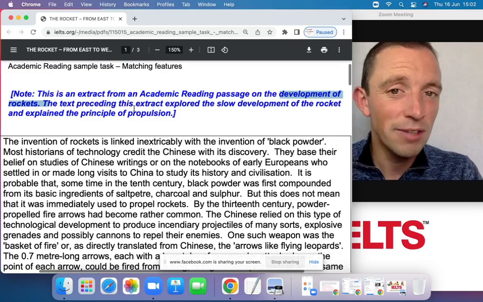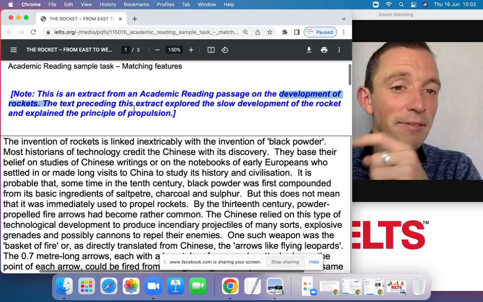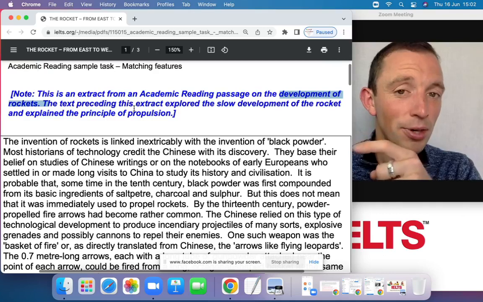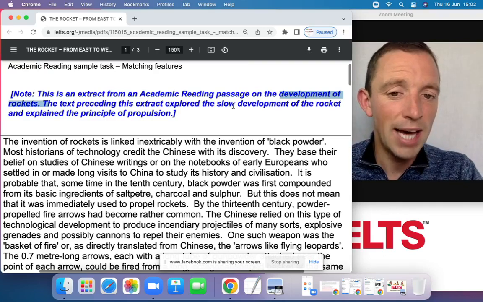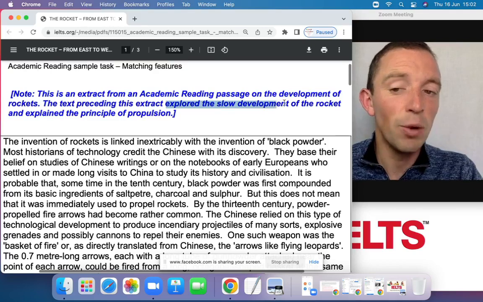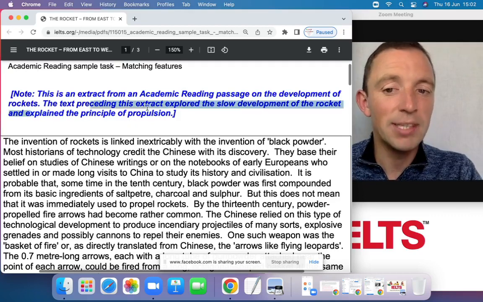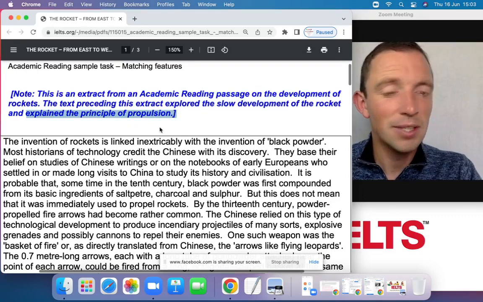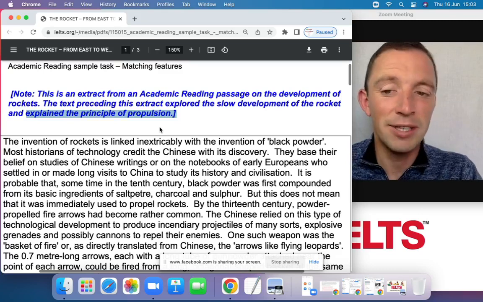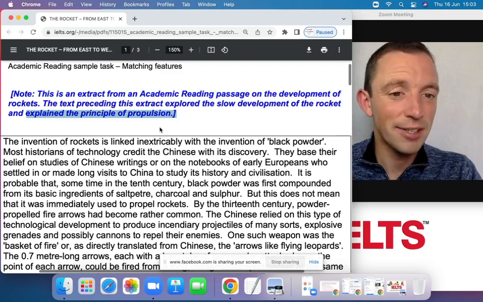So it's important for the context that before this extract we had the text exploring the slow development of the rocket in terms of history, and after, the principle of propulsion. Okay, so that's just to give you an idea of the position of this extract.